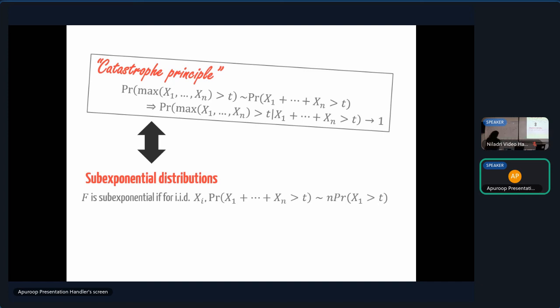For example, if you remember Lindley's recursion, it basically tells you that the workload can be thought of as a sum of IID random variables. Even in queuing, these kinds of sums will come up organically, but they don't come up in exactly this form. You usually have some boundary, some positive part of the sum or something.